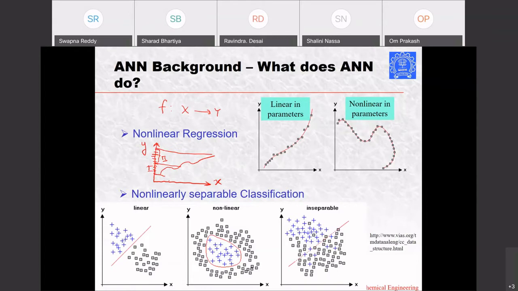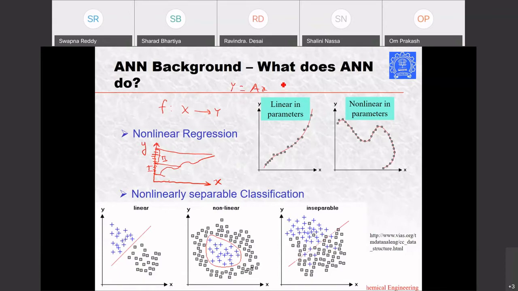In a regression problem, we typically have a non-linear regression, and that is where the power of the ANN can be really harnessed. Linear regression is what was done in the class: y is equal to ax. In non-linear regression, when we say non-linear, we mean non-linear in parameters.